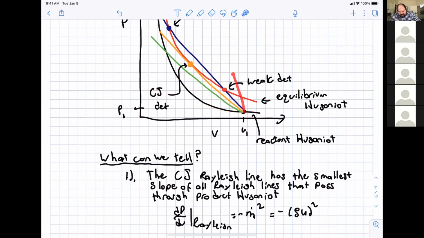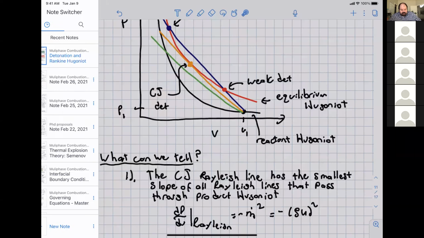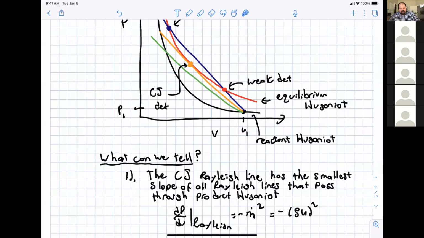Or if we start from a steep one and reduce the slope, we will eventually hit the CJ point. So what this means is that the slope of the Rayleigh line that produces the CJ detonation is the smallest slope that produces a solution to our system.